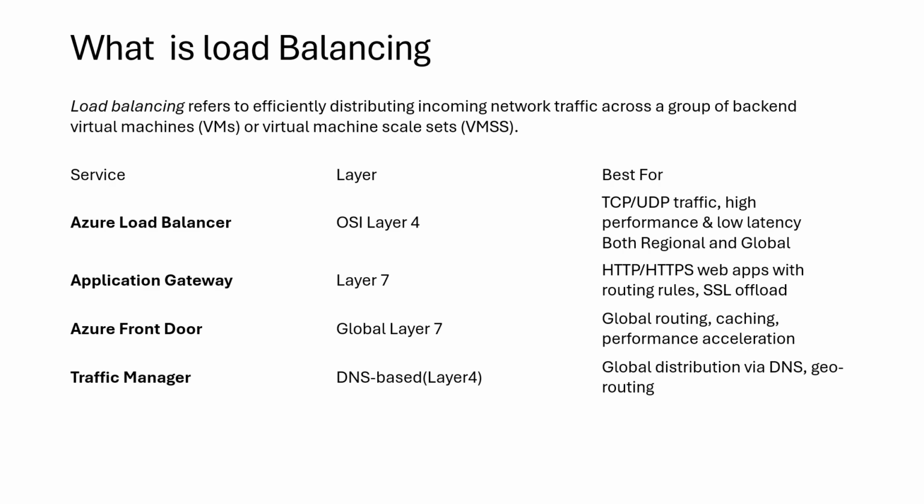It supports both topologies, and it's an excellent choice for internal and external traffic distribution across VMs and services. It can be public and private, and I'll be discussing more details of how we can create an Azure Load Balancer when we do a hands-on demo.